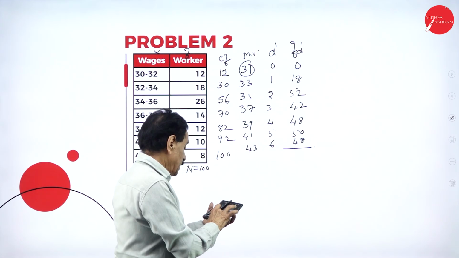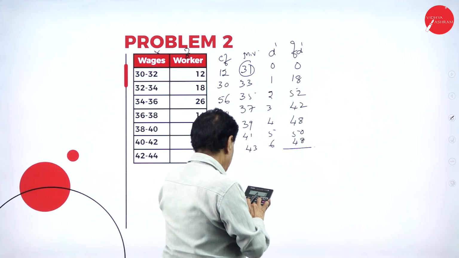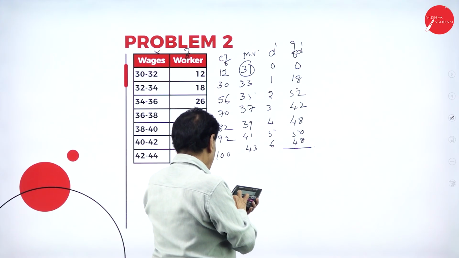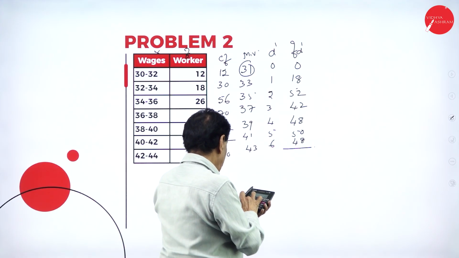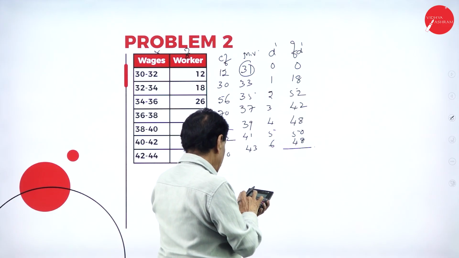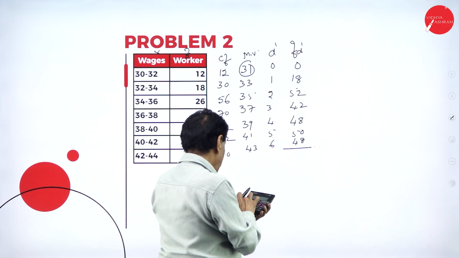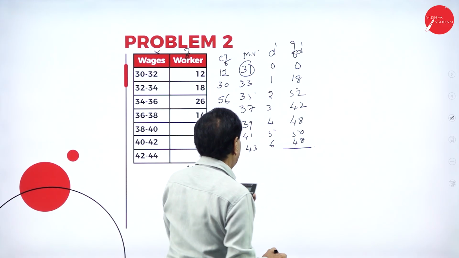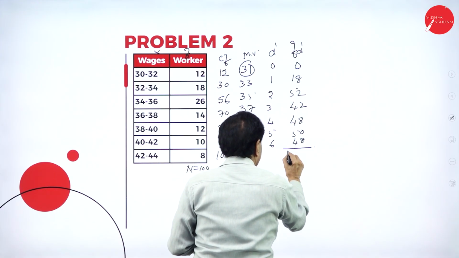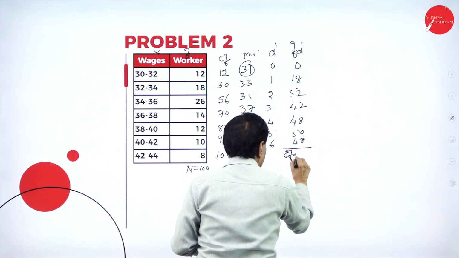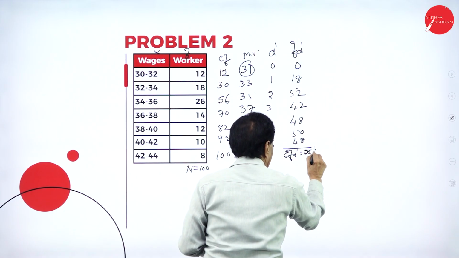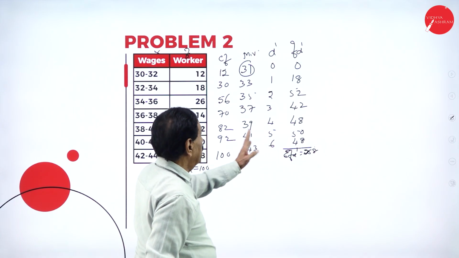Add the figures: 18 plus 52 plus 42 plus 48 plus 50 plus 48 is 258. Sigma FD dash is 258. So CF you have done.